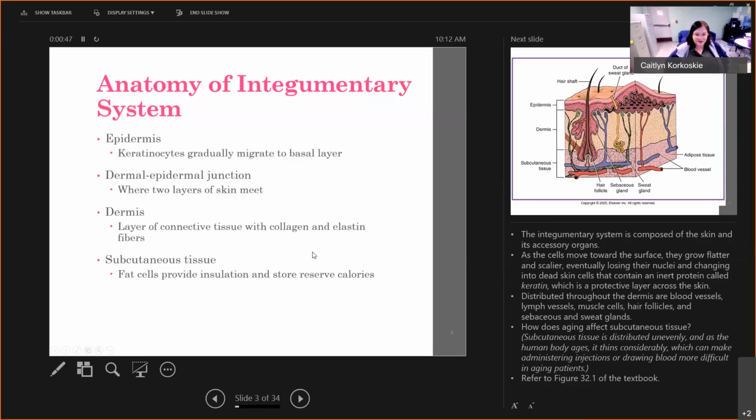Then you have the dermis, which is the layer of connective tissue with all the collagen and elastin. And the subcutaneous area is where the fat cells are, but the dermis is the layer where you have all of the connective tissue, collagen, and all that stuff.